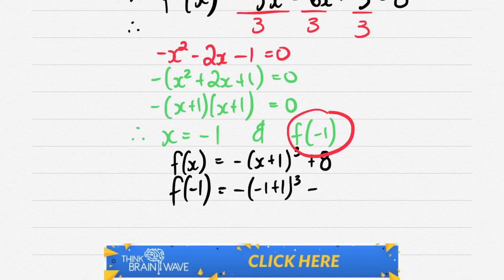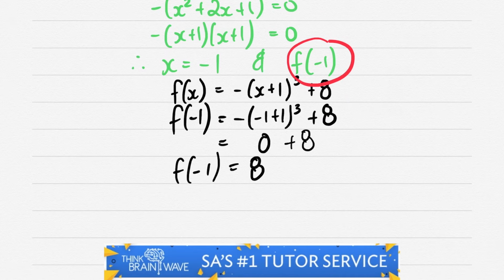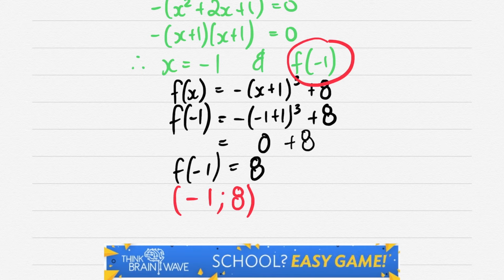And when x is minus 1, we plug it in, f of minus 1 equals 8. So at the point minus 1, we have the y coordinate 8. Easy game. So that's our stationary point.